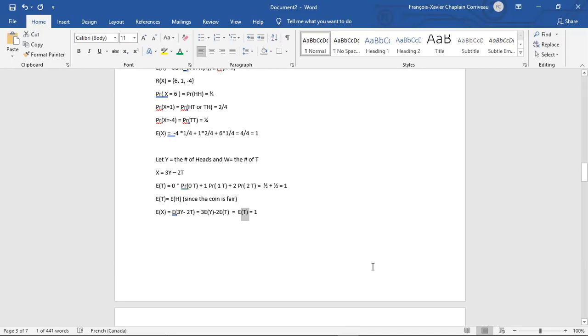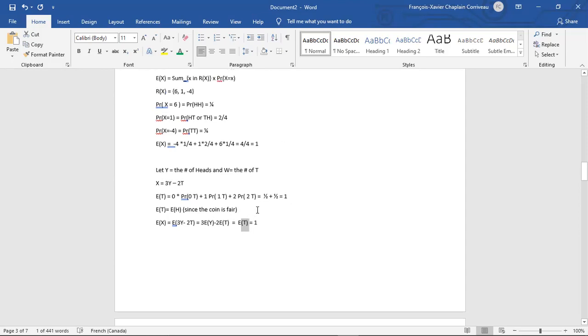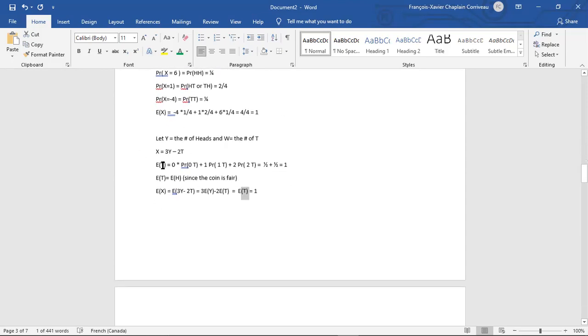Is this the only possible answer? No. You could have looked at different variables, right? You could have defined some indicator variables if you wanted to, and kind of have the same idea.